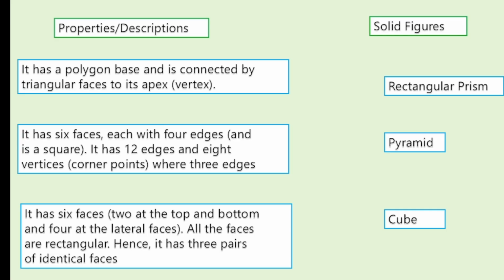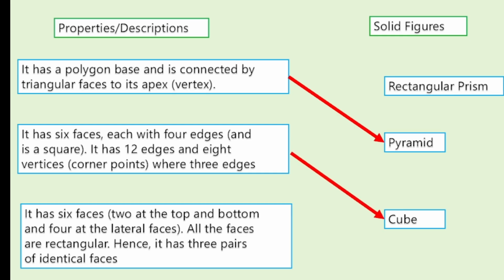It has a polygon base and is connected by triangular faces to its apex. Pyramid. It has 6 faces, each with 4 edges, and is a square. It has 12 edges and 8 vertices or corner points, with 3 edges.